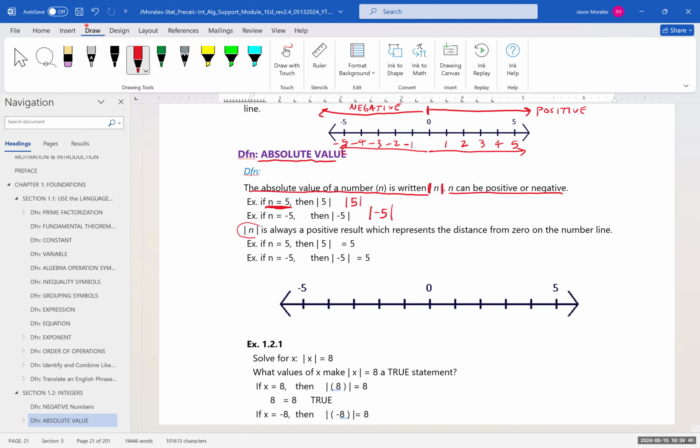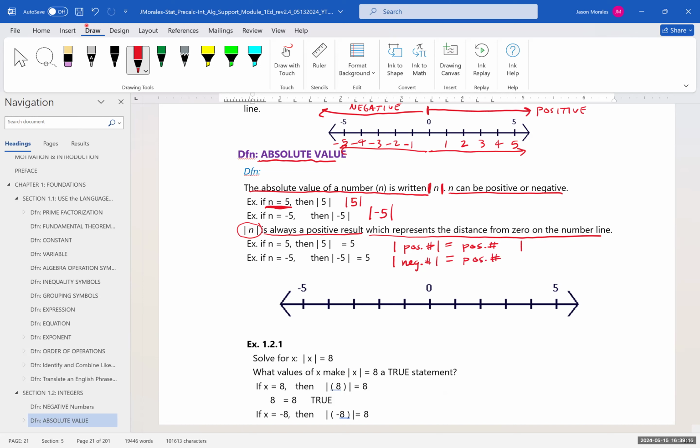The absolute value of any number is always a positive result, which represents the distance from 0 on the number line. So what do we mean by that? If you have the absolute value of a positive number, you're just going to get a positive number as a result. But if you have the absolute value of a negative number, it's just going to be a positive result.